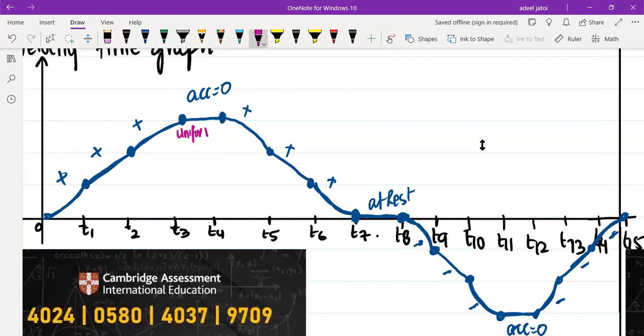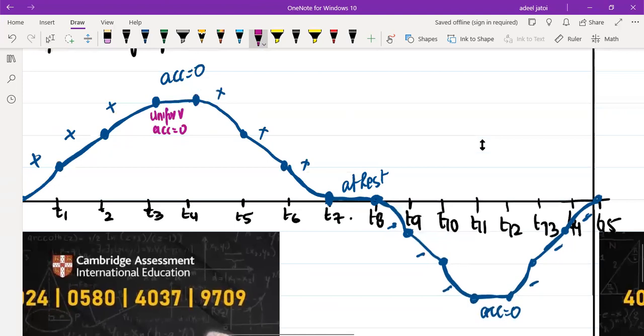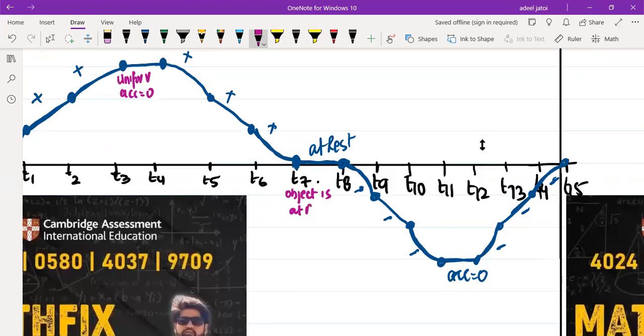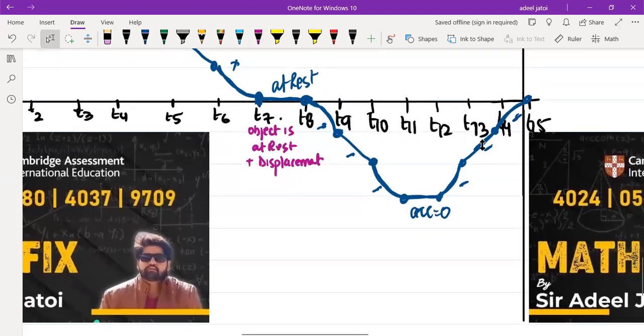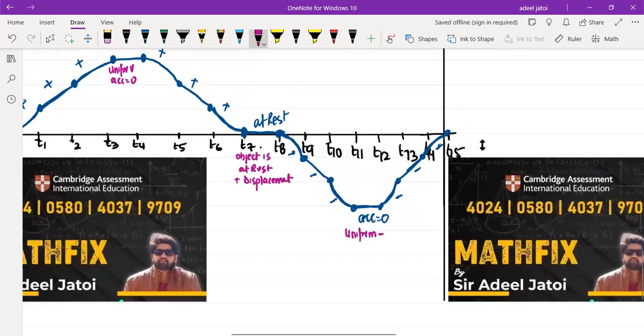Uniform velocity, acceleration is equal to 0. From T7 to T8 the object will be at rest at positive displacement. Similarly, uniform deceleration from T11 to T12, uniform negative velocity, and obviously the acceleration will be 0.